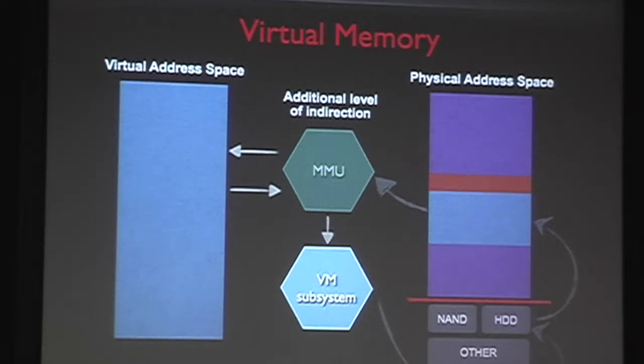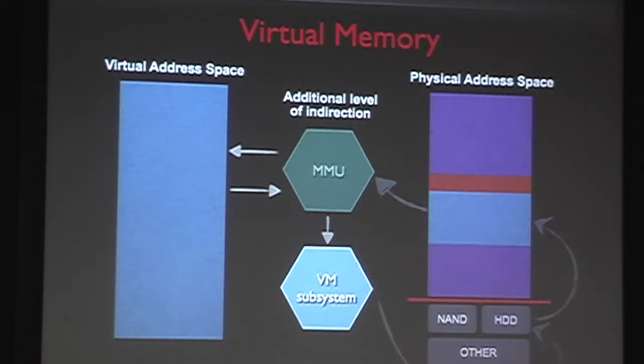And so the virtual memory is actually an additional layer of interaction between the virtual address space and physical address space. And it requires also some sort of support from the hardware side.